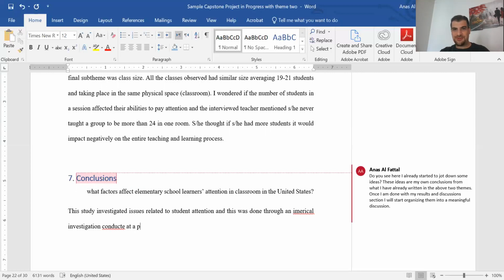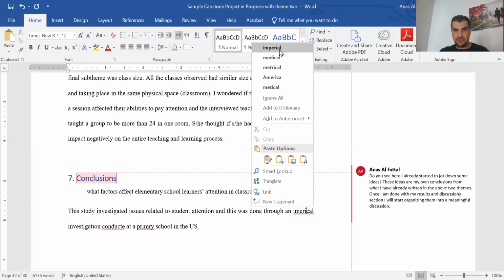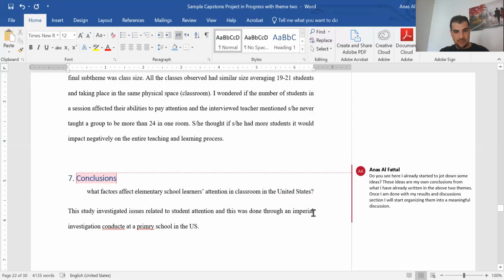I don't remember actually what school I was using as an example for this study, so let's say a primary school in the US. Of course, you see, I'm making lots of mistakes. It's not imperial; it's empirical.